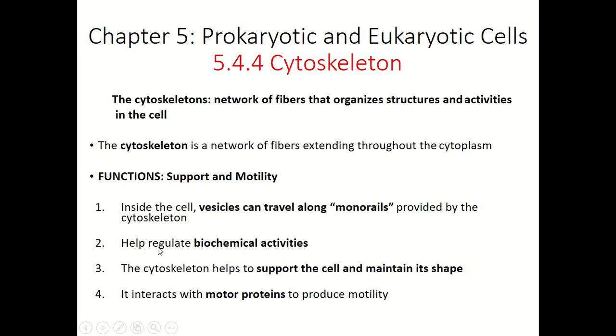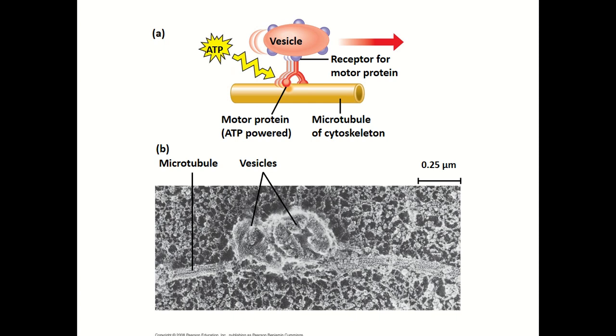And also it will help to regulate biochemical activities, to support the cell and maintain its shape, and also it will interact with the motor proteins to produce motility. For example, we have the microtubule, okay, that will work together with the motor protein for motility inside the cell.